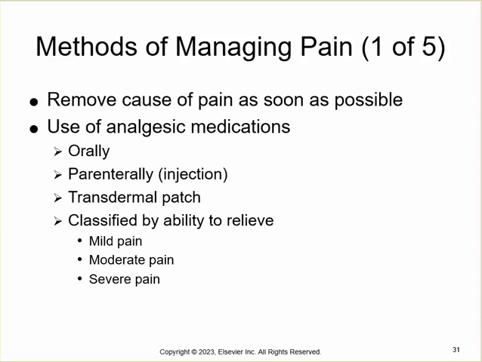Antihistamines block histamine and reduce inflammation, and can be used to manage pain. Sometimes injection works much faster. For chronic pain, oftentimes transdermal patches work. So fat soluble, a patch will help manage pain.